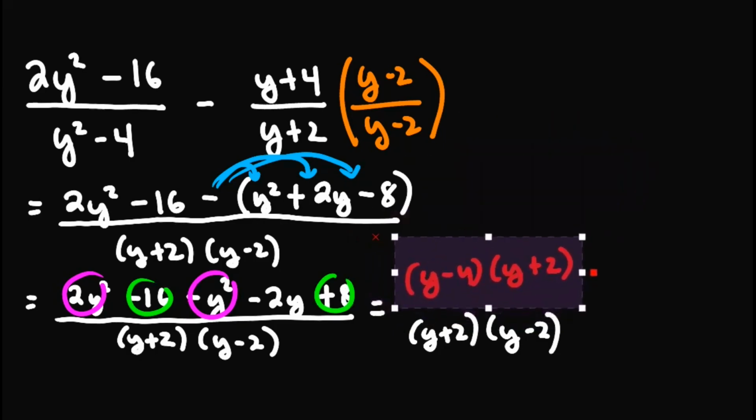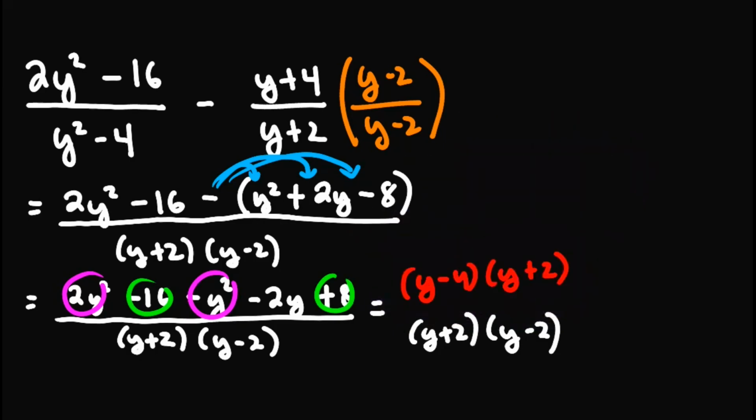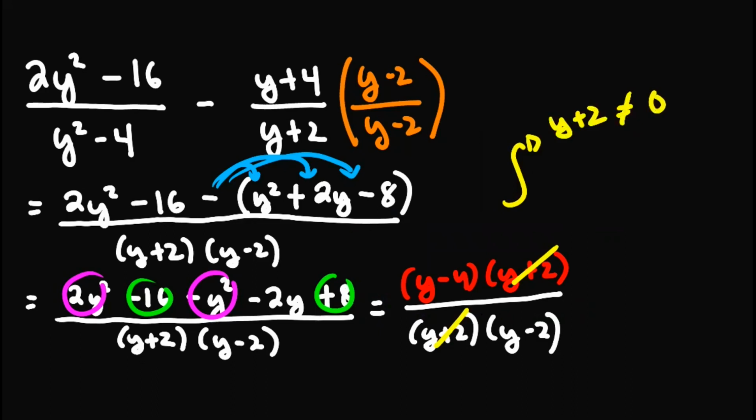So we'll have this one as our new numerator. And observe here that we can cancel out the y plus 2. Again, we can do that since y plus 2 is not equal to 0, since if it is 0, then this rational expression out here will be undefined. That is not allowed. So canceling that one out, our final fraction will be y minus 4 all over y minus 2.